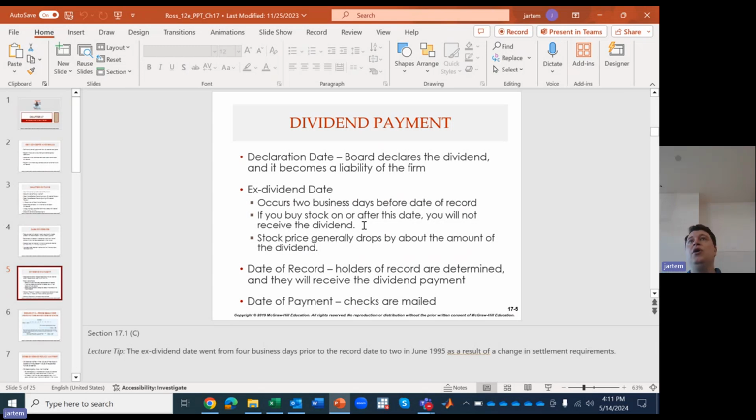Let me give you an example. Let's say the ex-dividend date is March 31st. Okay. So if you hold the stock on March 30th, all right, then let's say March 31st comes, you can go ahead and sell on March 31st. And even though you're no longer the owner of the stock, the dividend will deposit into your bank account sometime in April. Okay.